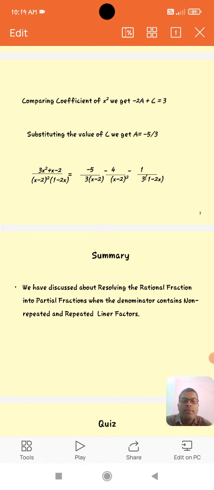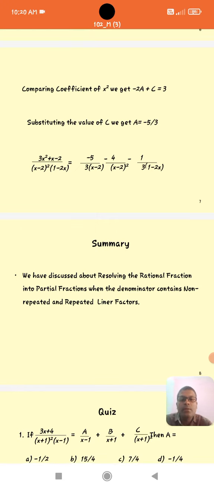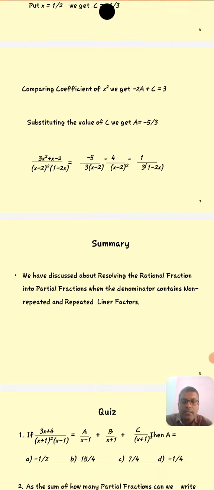Suppose there is a 2 times repeated linear factor and 1 non-repeated linear factor, then how to write the partial fraction format? A by something, b by something whole square, plus c by the non-repeated linear factor. After that, we have to find out the a value, b value and c value. Okay, right.